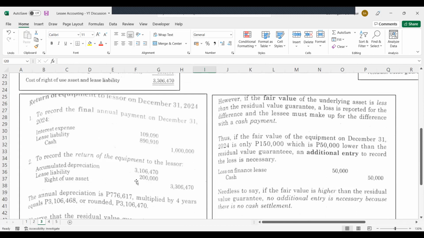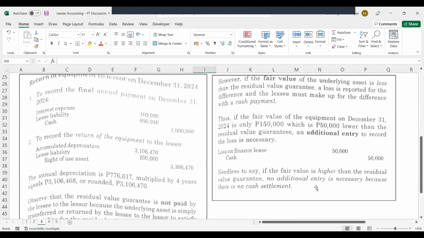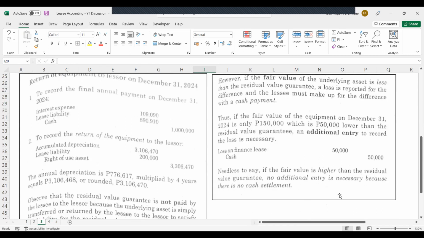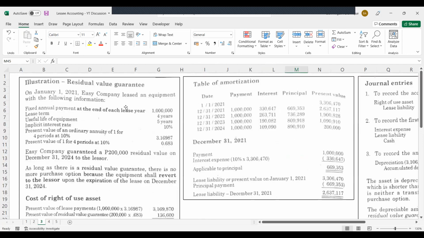Paano kung hindi naman talaga 200,000 yung residual value at the end? Paano kung 150,000? So, mag-recognize tayo ng loss on finance lease of 50,000. If the fair value is higher naman, hindi na kailangan mag-entry kasi wala namang cash settlement. Itong additional na ay yung difference ng fair value against the residual amount. So, that is for the residual value guarantee.